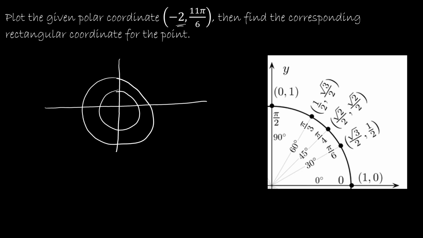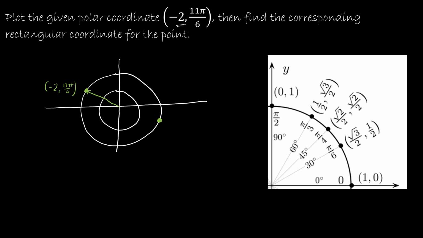And if I'm plotting the point -2, 11 pi over 6, it's easiest to plot the point +2, 11 pi over 6, which is right here, and then reflect that across the origin. So this is the point -2, 11 pi over 6. So that's the first part, is just to plot the point.